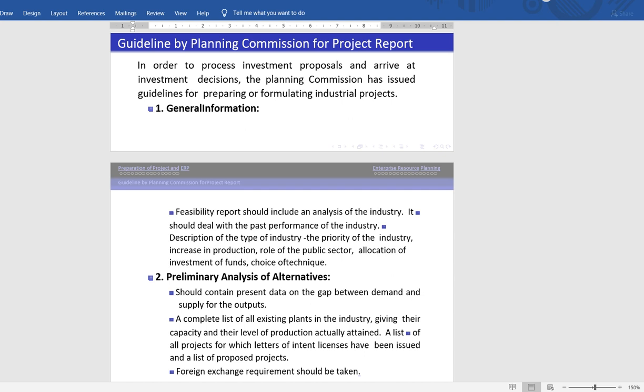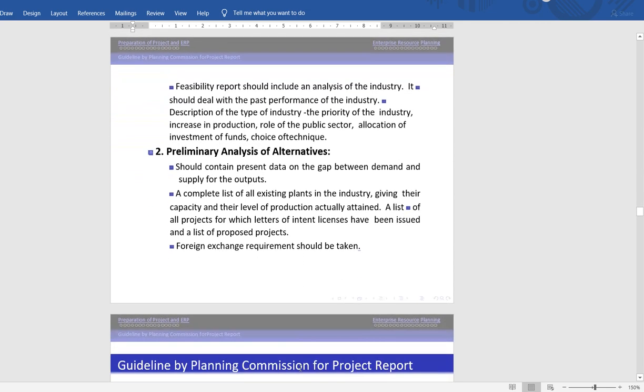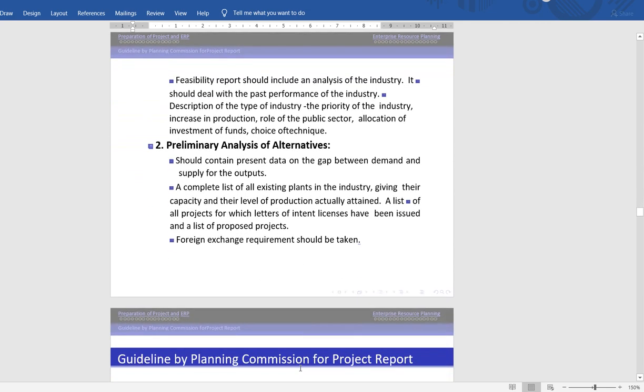The second point is preliminary analysis of alternatives. This should contain present data on the gap between demand and supply for outputs which are to be produced. So what is the demand for that product in the market, and the supply of the product to the market.